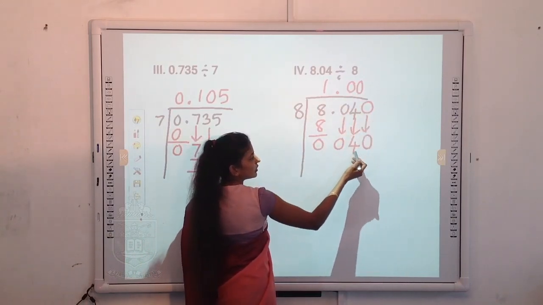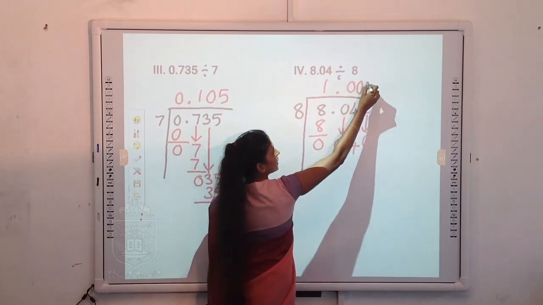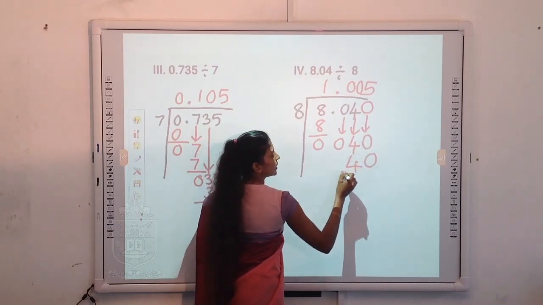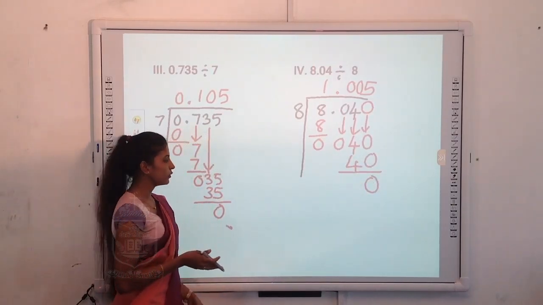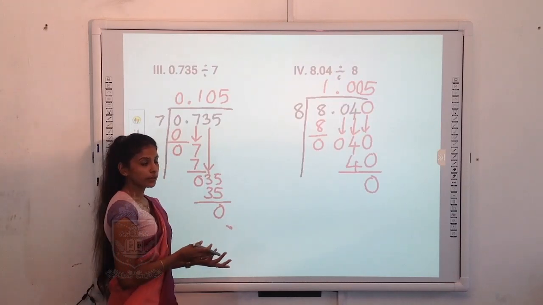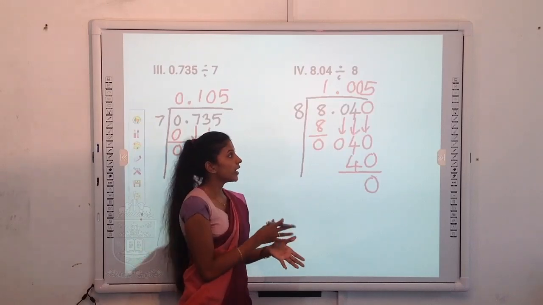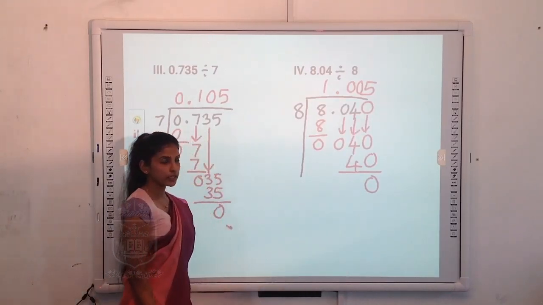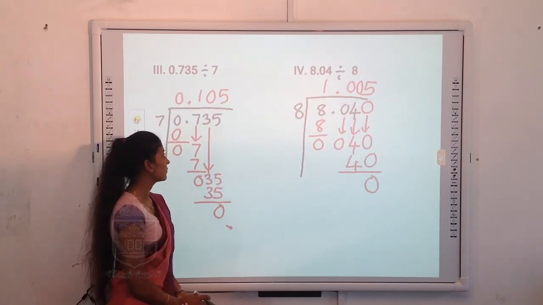And then, now we are going to check for 40. So for 40, that is 8 times 5, 40, remainder 0. So what is important here is, if you can't divide without a remainder, you can take zeros from the corner and then divide until you get 0 as the remainder. So final answer is 1.005.